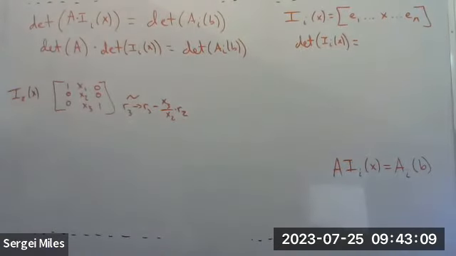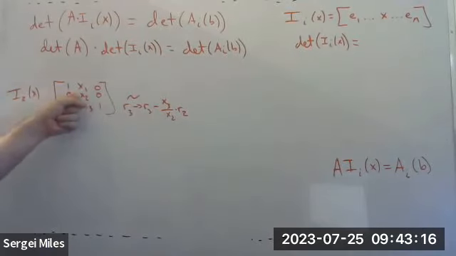All right, what is this going to do? Well, I'm going to multiply row 2 by x3 over x2. Well, x3 over x2 times x2 is just x3. And so I'm going to subtract x3 from row 3, and I'm going to get a 0 here.